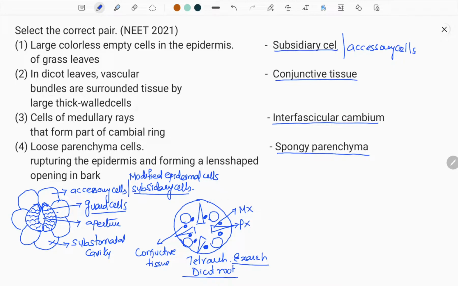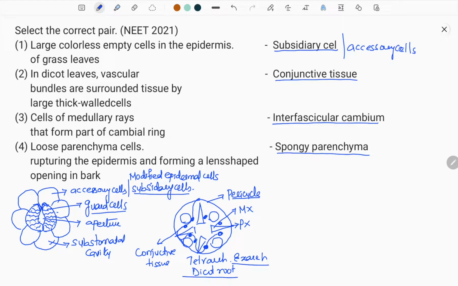Let us suppose this is pericycle. We know pericycle is 2 to 3 layers, thick walled, parenchymatous, living. So this pericycle which is enclosing the stele, when the primary growth is over, before secondary growth, will unite with the conjunctive tissue like this.